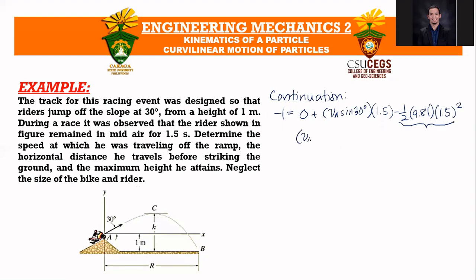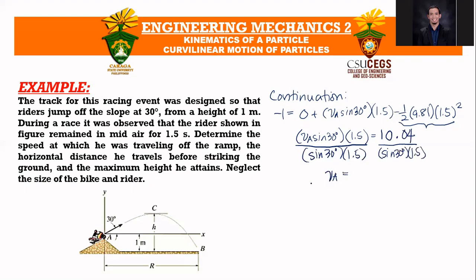So that would be VA sine 30 degrees times 1.5 is equal to -1 plus 1/2 times 9.81 times 1.5 squared, and that would be equal to 10.04. Then we just divide that by sine 30 degrees times 1.5 so that it cancels out, and what remains is the variable VA.